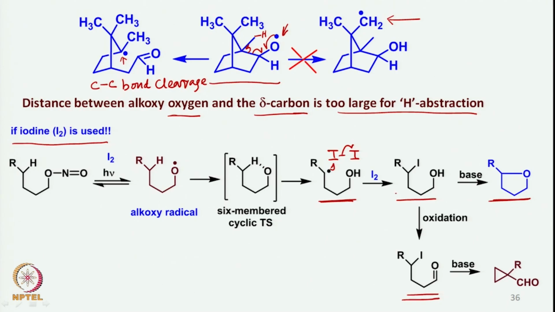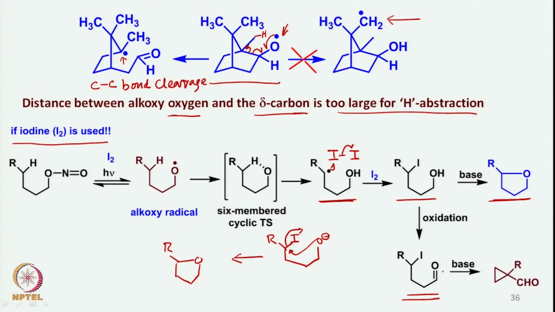So, if we take this particular iodo compound and react it with a base, then you generate a negative charge here that can attack this carbon and form the corresponding tetrahydrofuran based product.